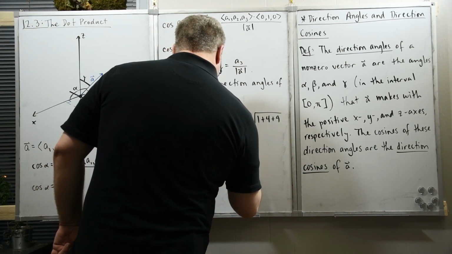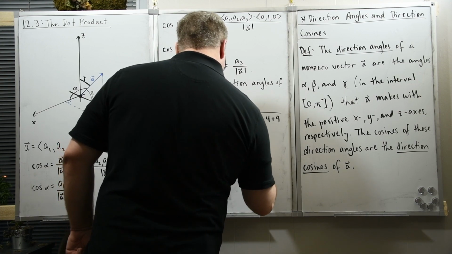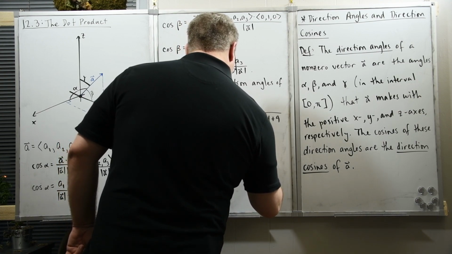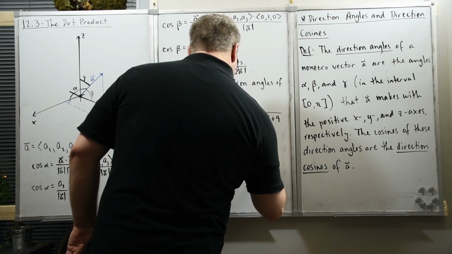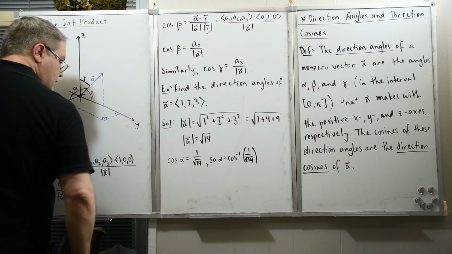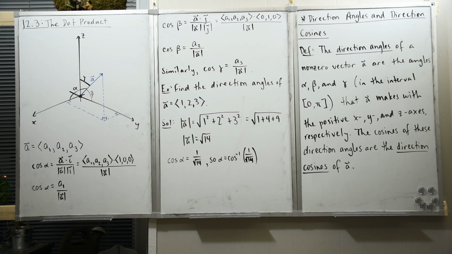So that means that alpha is the inverse cosine of 1 over root 14. And if you put that in the calculator, you get approximately 74 degrees for alpha.